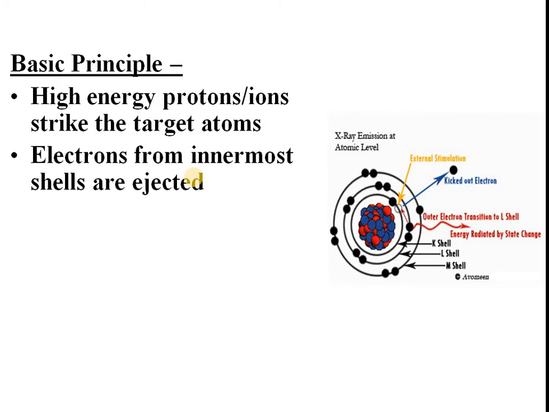What happens when the protons collide on a particular atom? Consider an atom with a nucleus at the center and a number of electrons in the different shells. The moment the protons hit the atom, the electrons from the innermost shells are ejected. Those shells closer to the nucleus, maybe the K shell, L shell. K, L, M, N, it goes like that.